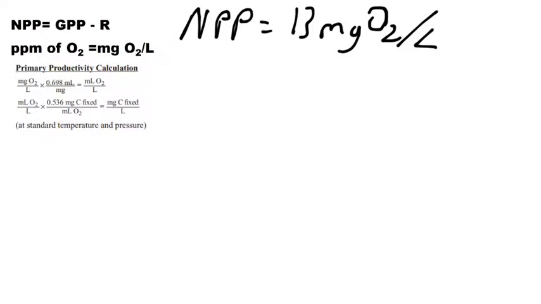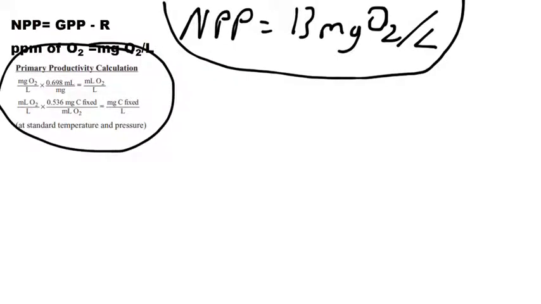Alright, so to calculate the net amount of carbon fixed, we're going to take our net primary productivity in terms of oxygen that we calculated in the previous problem, 13 milligrams of oxygen per liter of water, and we're going to use that with these equations or conversion factors from the AP Biology formula sheet. So we need to start with the milligrams of oxygen per liter. So we're going to take 13 milligrams of oxygen per liter. We're going to plug that in to here.